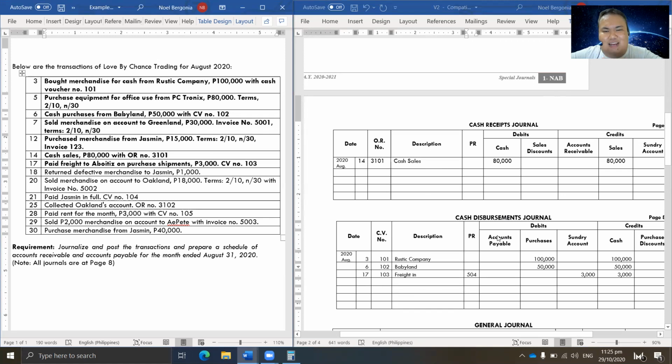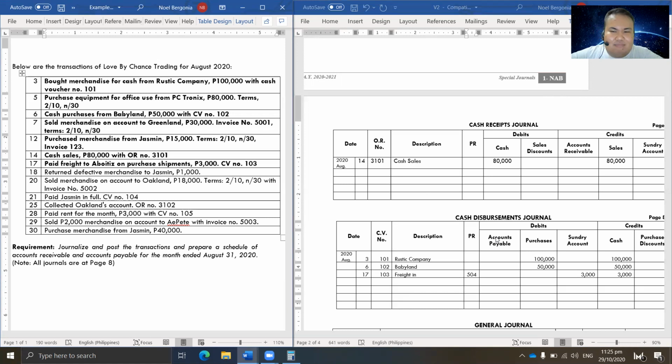Ito yung tatandaan ninyo. If the transaction cannot be accommodated in any of the special journals, what you're going to do is record it using the general journal. Kaya actually, ang general journal ay parang ikaw. Ay, hindi ko alam kung parang ikaw, no? Kaya niya mag-isa. Pero ang special journal, kailangan niya ng general journal every time.